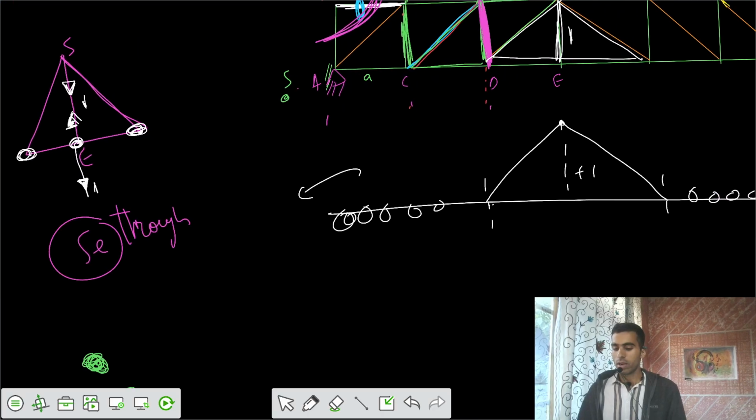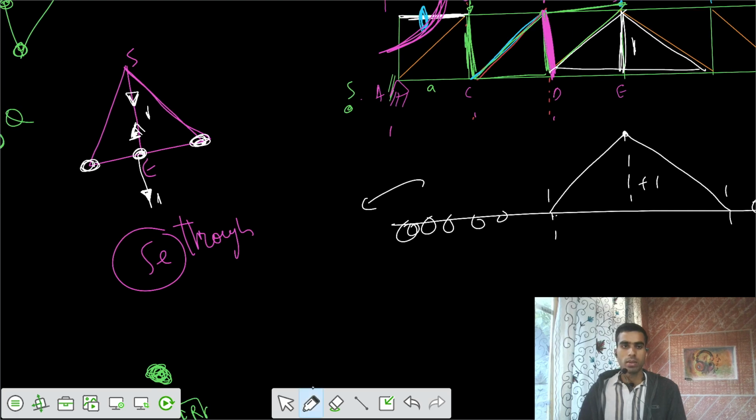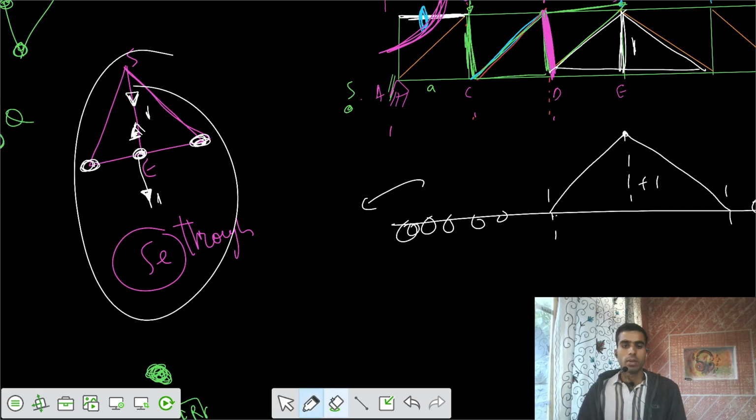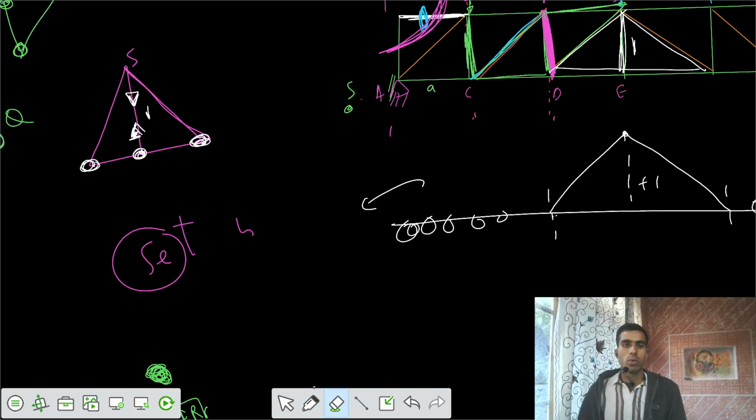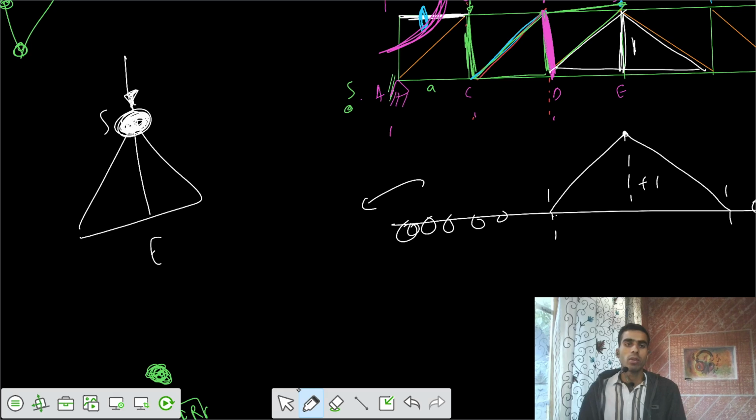Now let's go for SE deck type. Now, if the load is not applied from the bottom side, load is applied from the top side. If this was your SE, load is applied at this joint only. If the load is applied only at this joint, that means only one critical location.